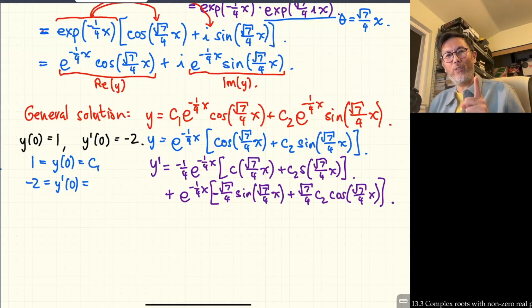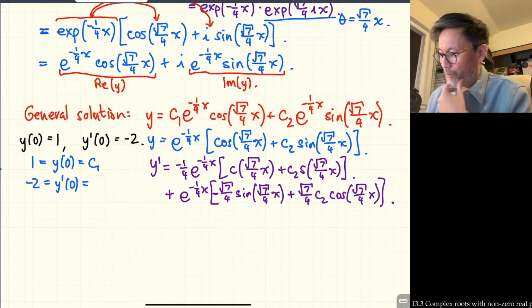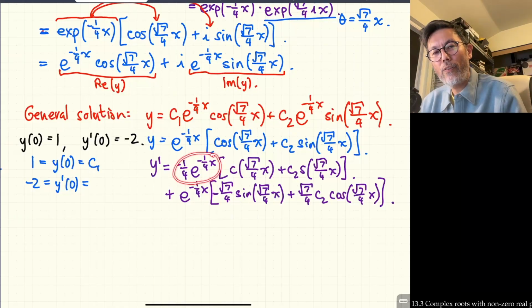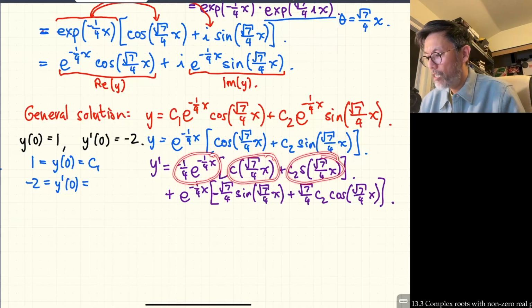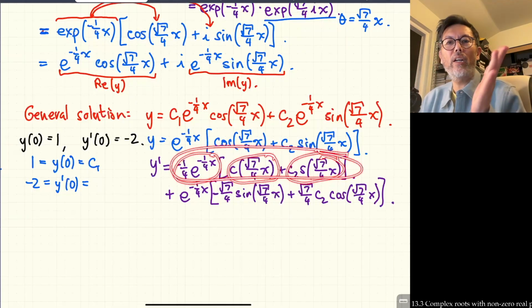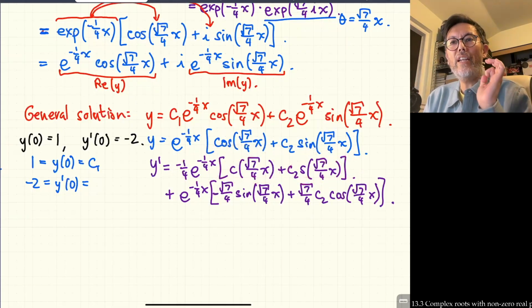And now what I have to do is plug 0 into there. So what happens when I plug 0 into there? This whole thing here becomes negative 1/4. This becomes 1, and this becomes 0. So I believe that this whole top line of y prime, when I plug in 0, is equal to negative 1/4.